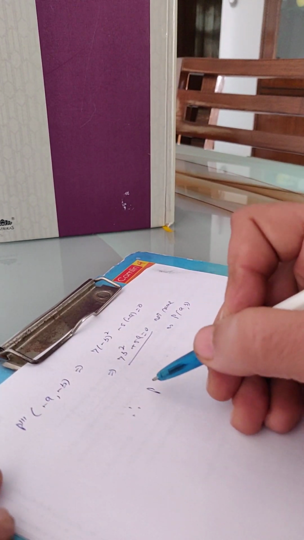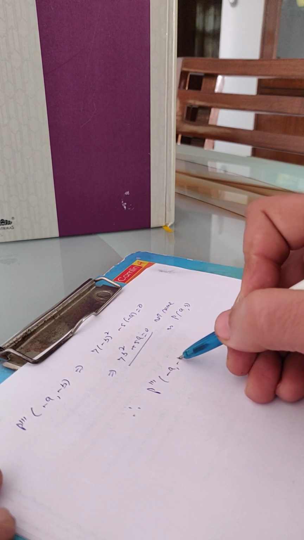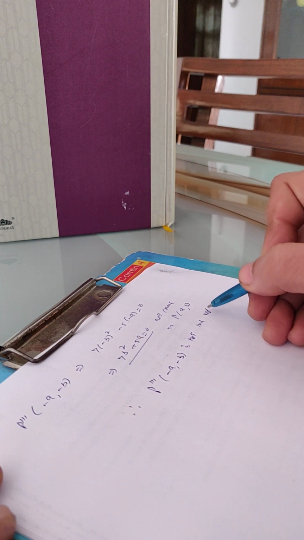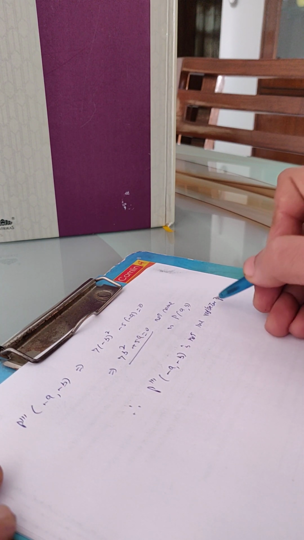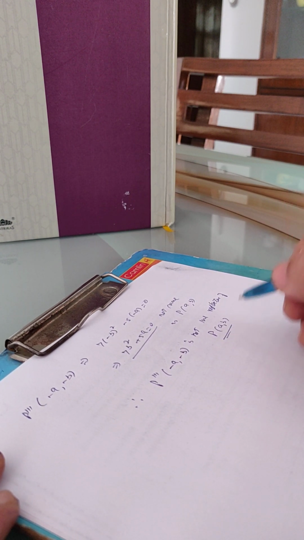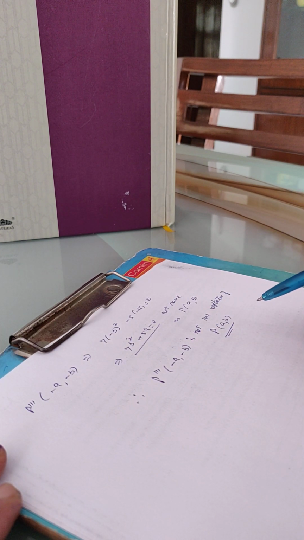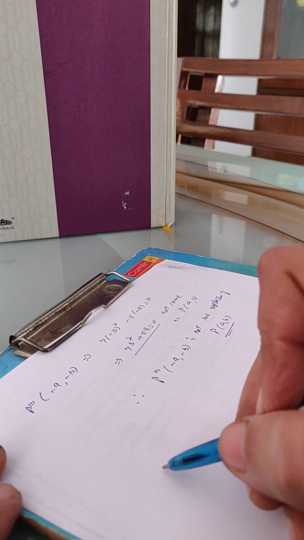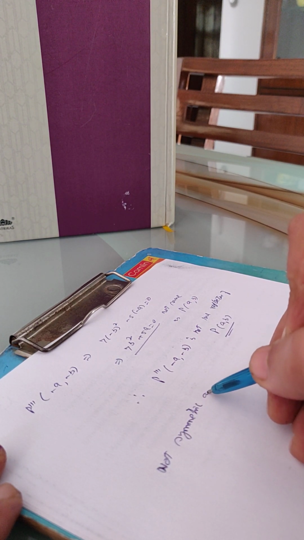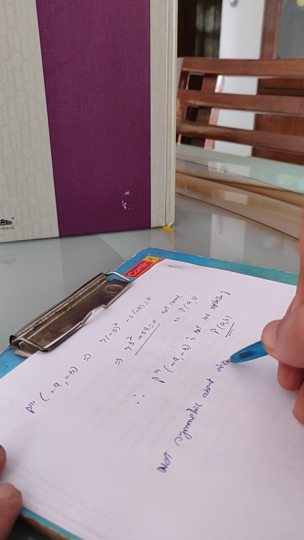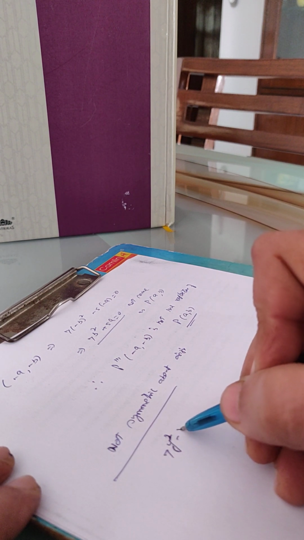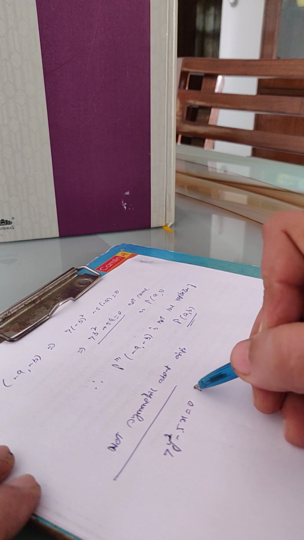Therefore this point is not the reflection of P of (a, b). When it is not the reflection with minus, minus, then it is not symmetric about the origin.